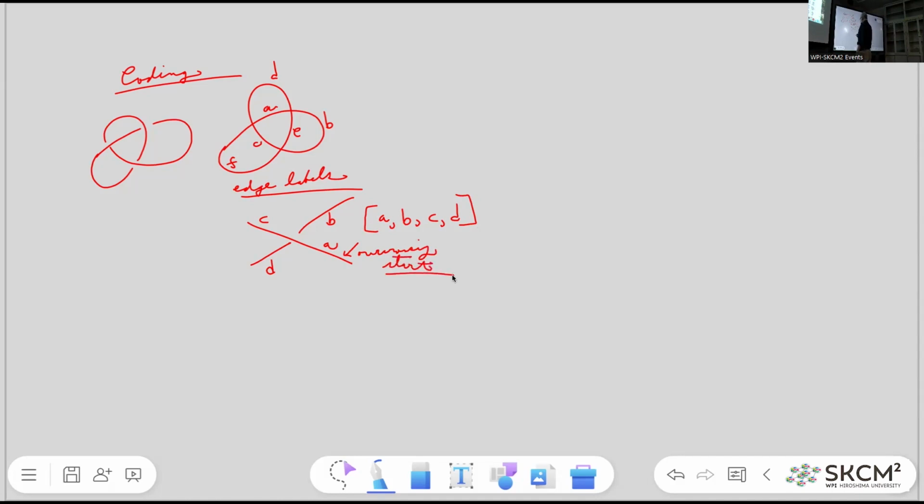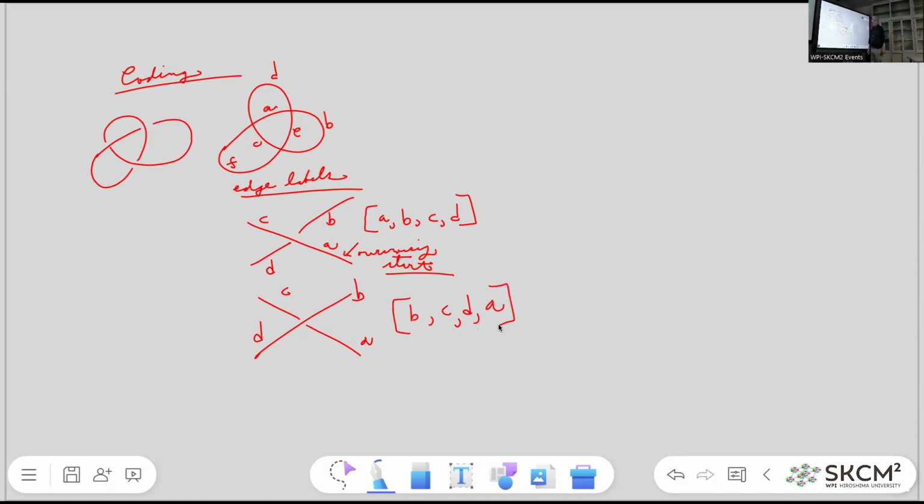Okay. Now, if I switch the crossing, still A, B, C, D, then that means that the code I use starts in B, C, D, A. So you see that one cyclic permutation will switch the crossing. Now, this is going to be equivalent from my point of view, unoriented diagrams.